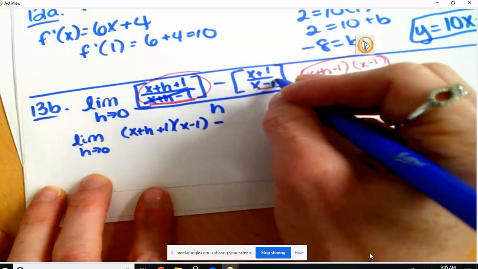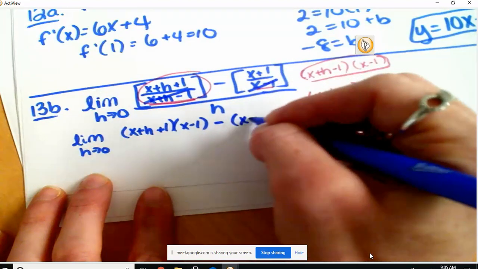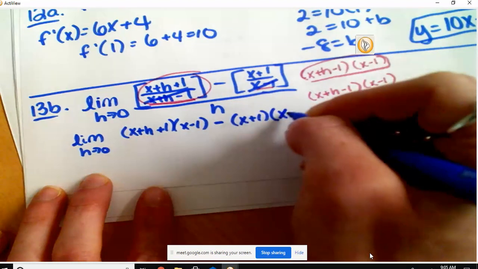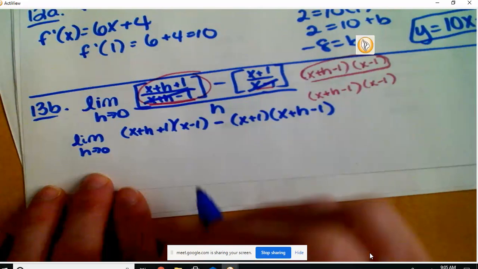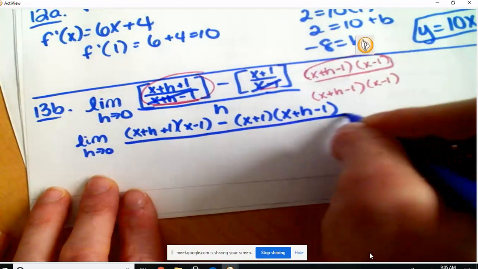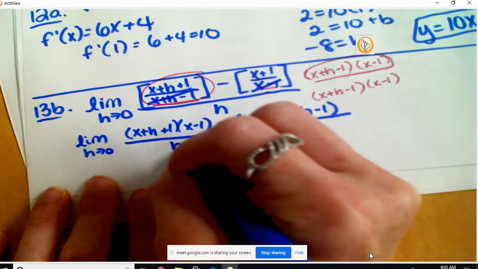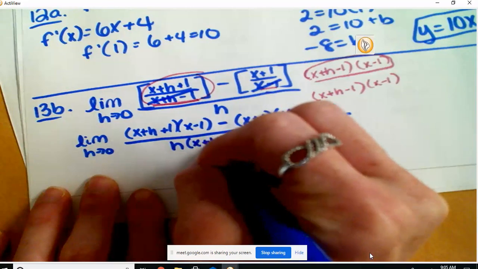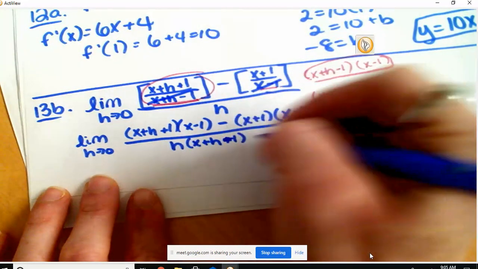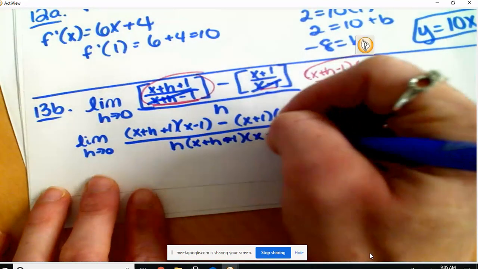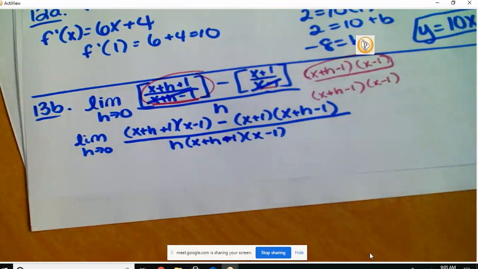Minus, in this term the x minus 1 cancels, so you have the x plus 1 times the x plus h minus 1. On the bottom, we have h times all of that. Oops, that's a minus right there. Okay.